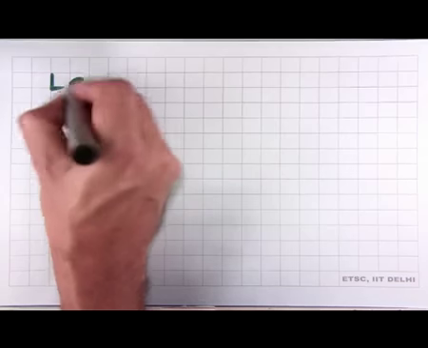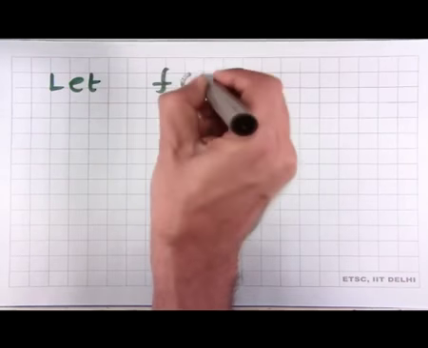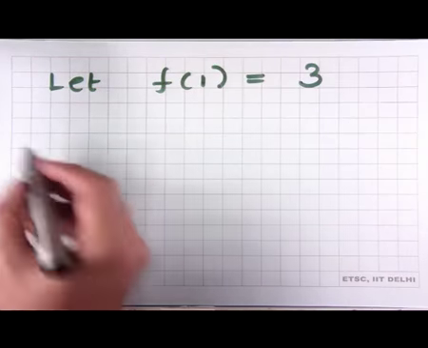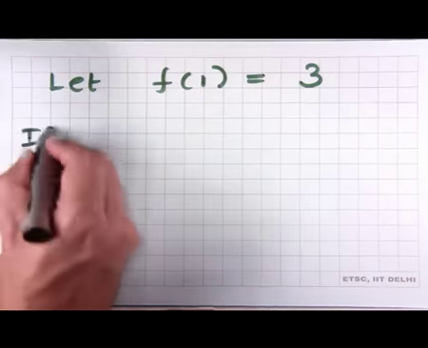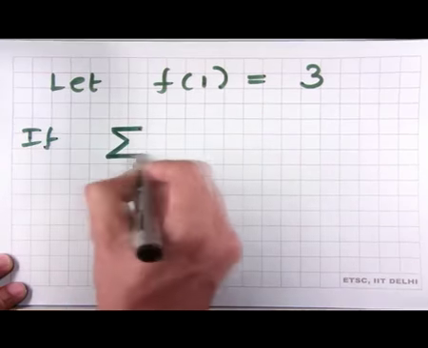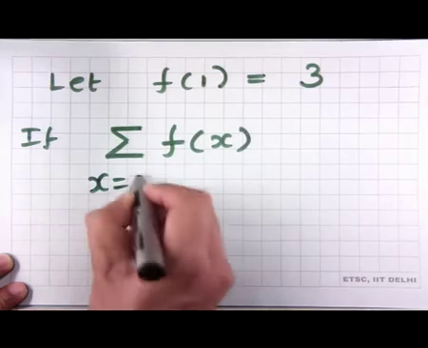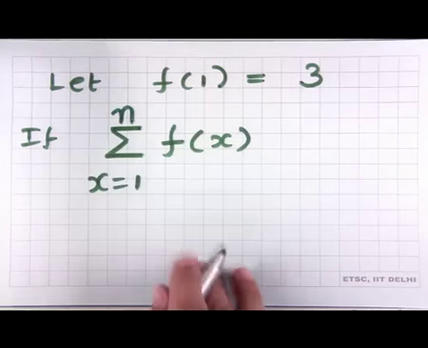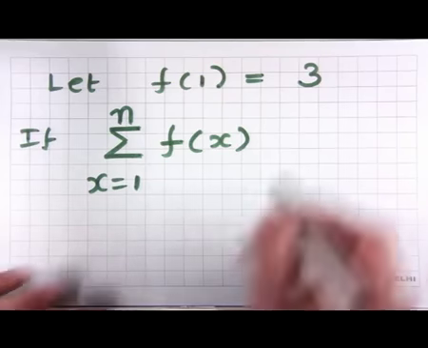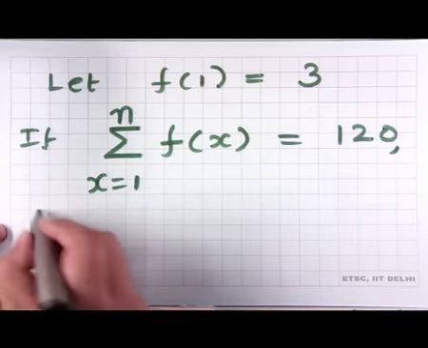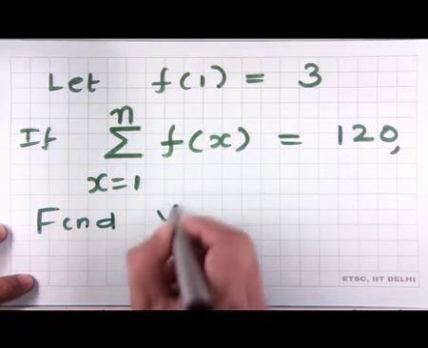Let f evaluated at 1 be 3. If the sum of f of x, x equal to 1 to n, is 120, find the value of n.